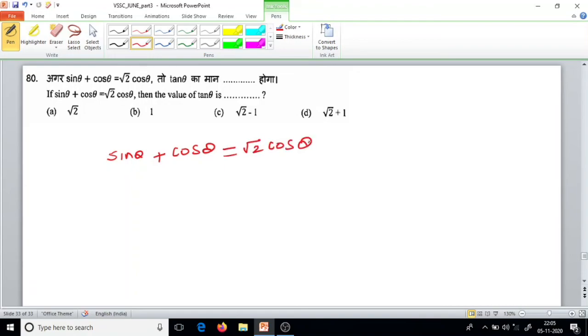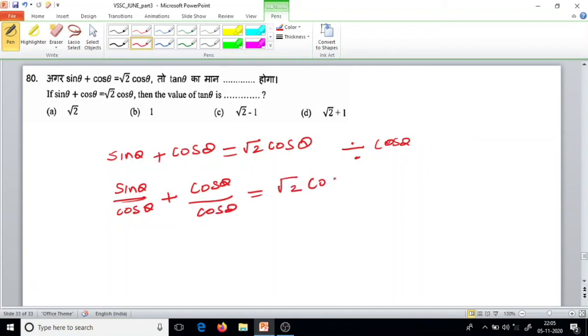Just divide this equation by cos theta, because sine by cos will give tan theta. If I divide, then I will get sine theta divided by cos theta plus cos theta divided by cos theta equals root 2 cos theta divided by cos theta.